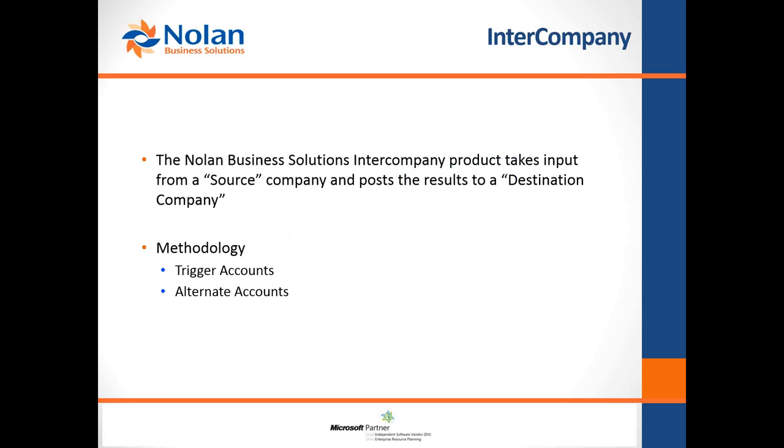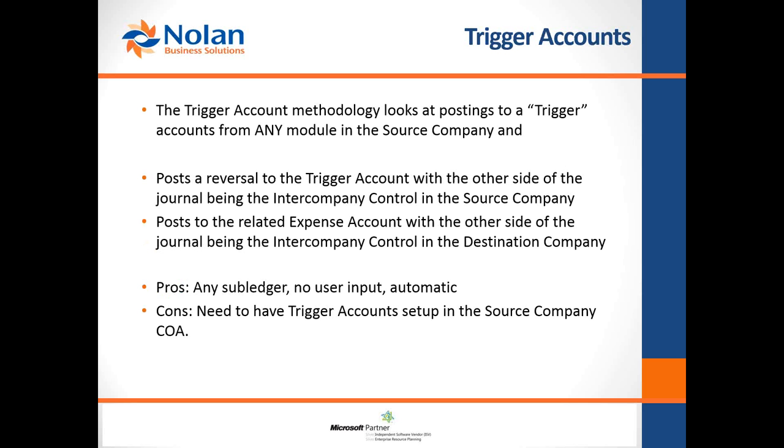The methodology that we use is what we call either trigger accounts or alternate accounts, and I'll explain those to you now. The trigger account methodology looks at postings to a trigger account from any module in the source company. So inside the setup, we set up a trigger account.